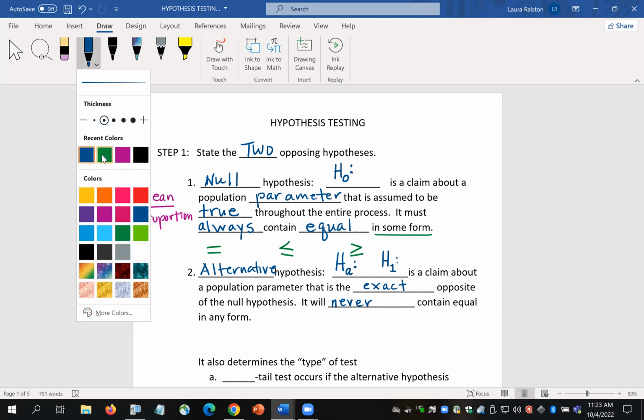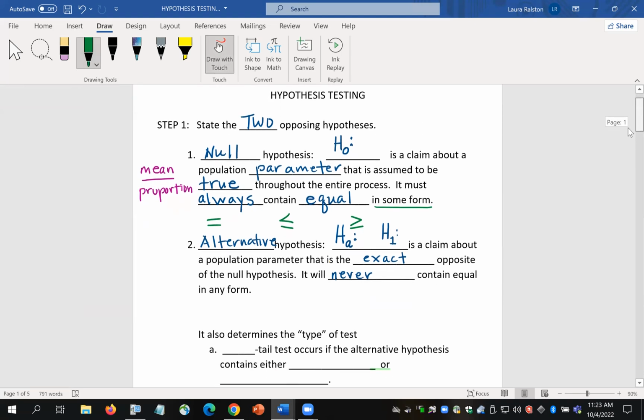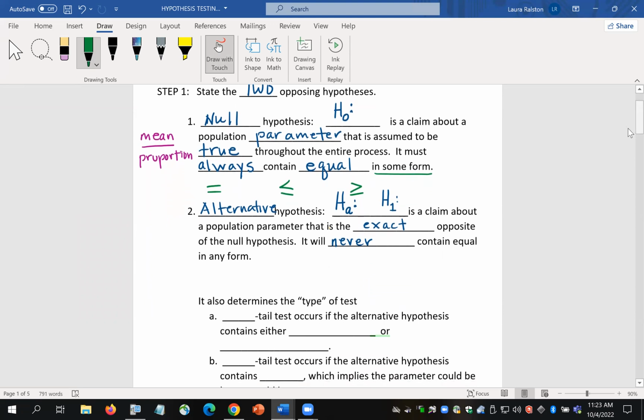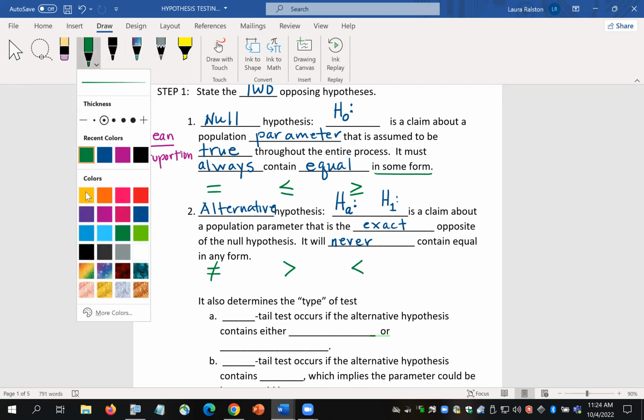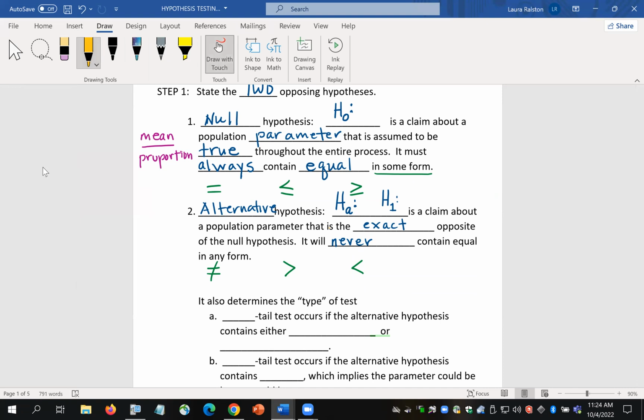And so the symbols that you might see in the alternative hypothesis would be not equal, greater than, or less than. And let me point out that you would always pair them. You would always pair equal and not equal together.